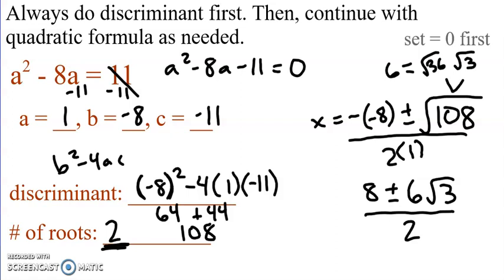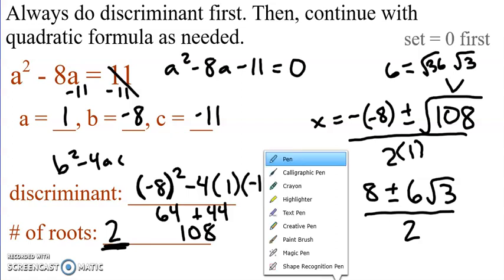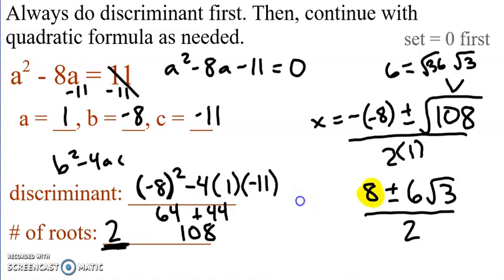The last step here, now we could stop here, but we'd like to simplify it. Okay, there's technically 3 terms. Once we simplify everything, it's that negative b value, it's whatever our discriminant is simplified, and then our denominator. So if the 8, or negative b, I should say, and the coefficient of the radical, if we still have a radical, can both be divided by our denominator, then we can simplify it that way.